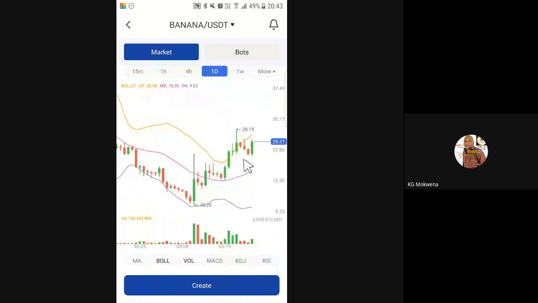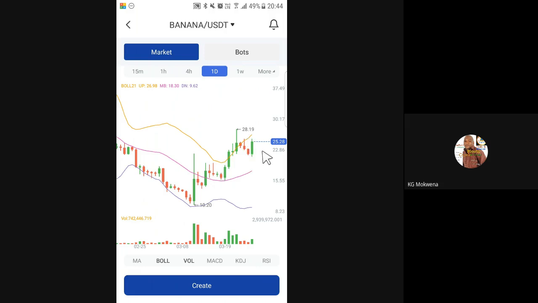So here we are. Look at where the market is at the moment. The market can continue to pump upward. It's possible. You can see about 1, 2, 3, 4 days ago, the coin pumped up to $28, for instance. But this is where we are at the moment.